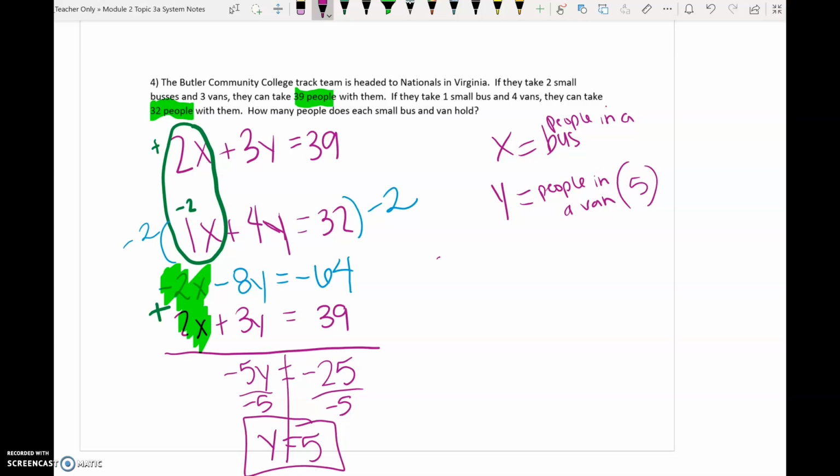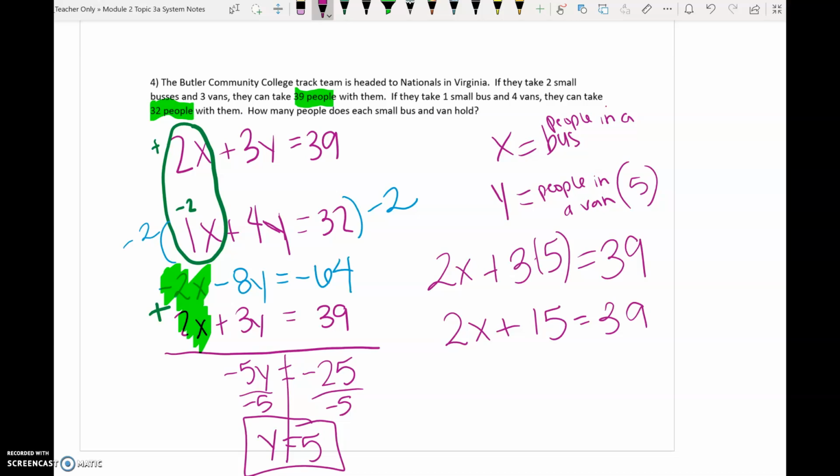So if we know that we took 2 buses and 3 vans, and we have 39 people in those cars, well, we know a van holds 5 people. So if we want to know how many 3 vans are going to hold, we're going to multiply by 5. Because y is 5.